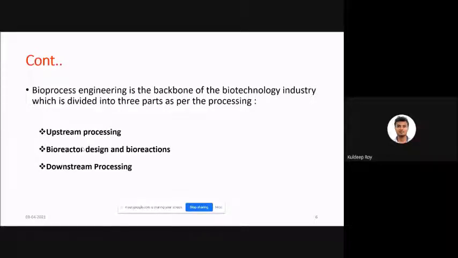So you have to thoroughly study how the bioreactor design should be to get a higher production yield. Now the downstream processing, here you will do purification and separation, which means after the production, how you will separate your product and the cell. That comes into the downstream processing.